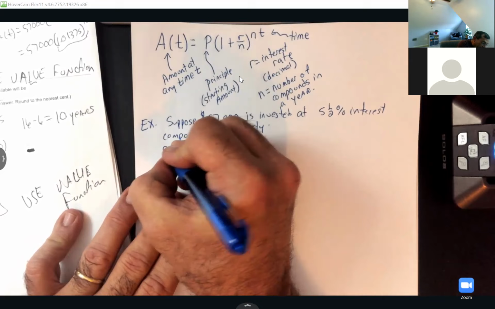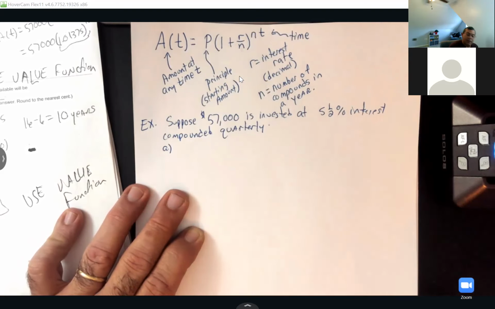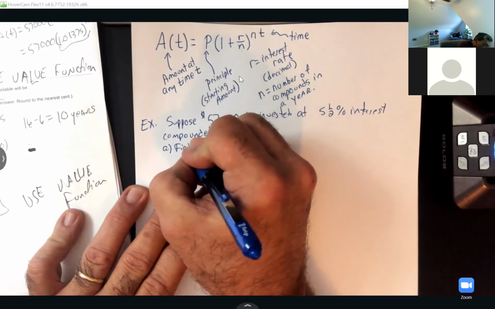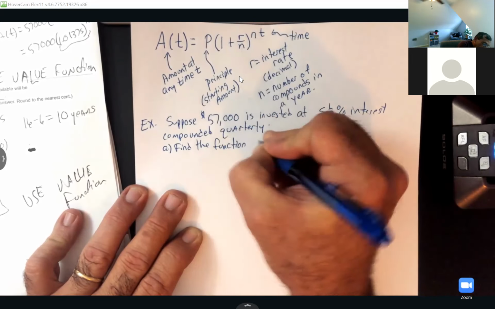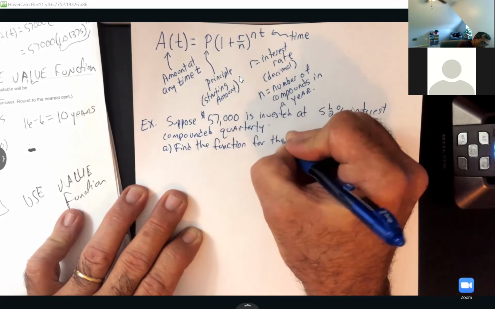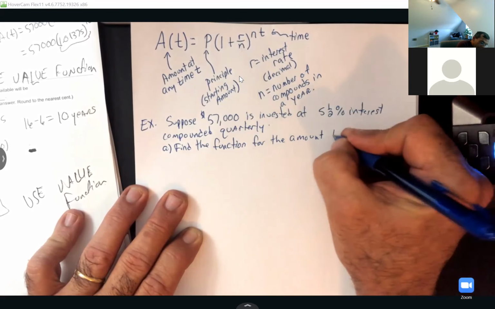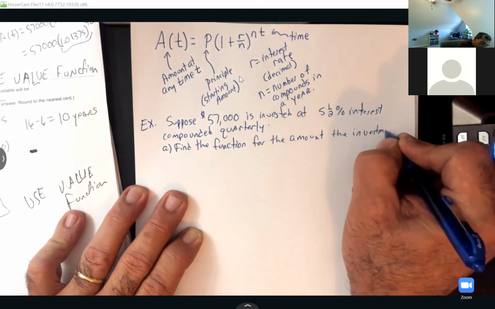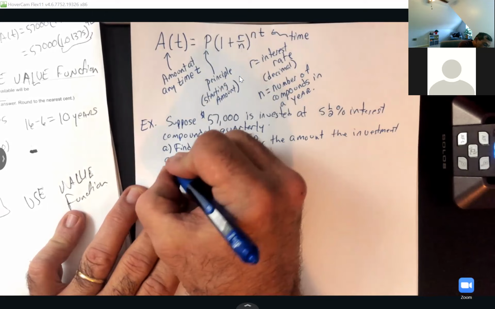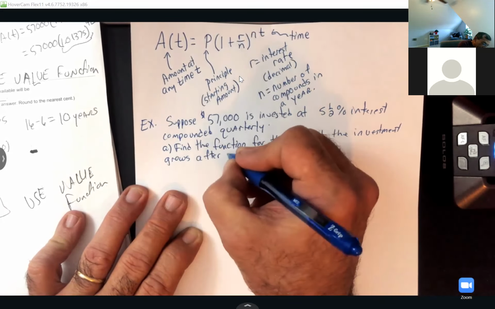They got 2 parts of this. A, they want me to find the function for which the amount grows after T years. So find the function for the amount the investment grows after T years.